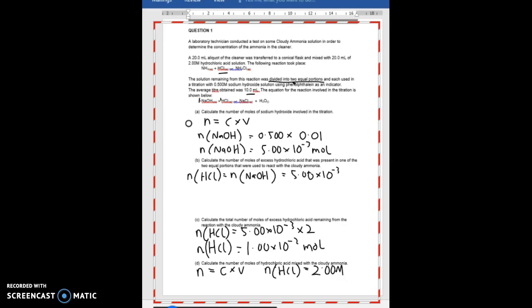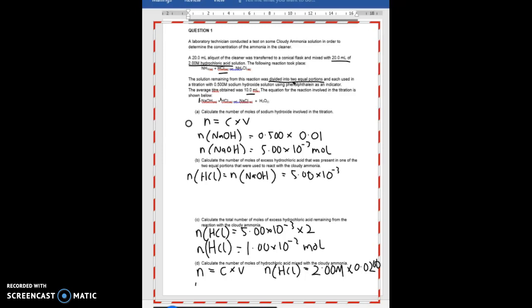And we had 20 mils. So if you look back up here, 20 mils of the 2 molar hydrochloric acid. 2 molar times 0.0200.